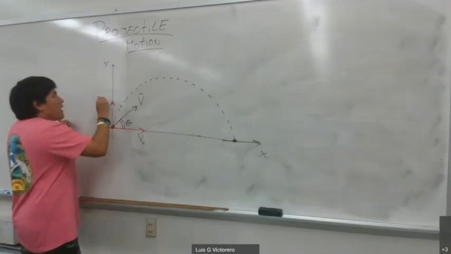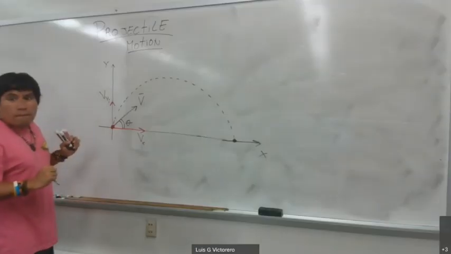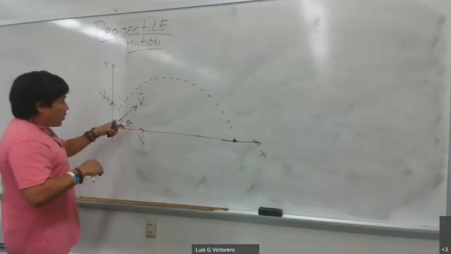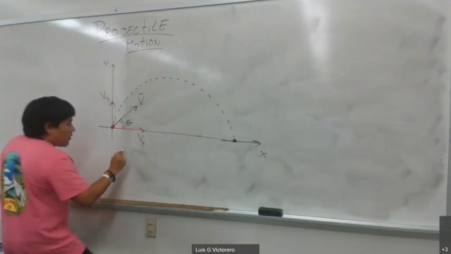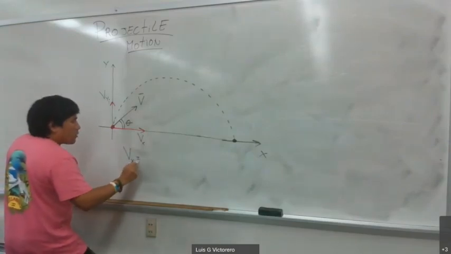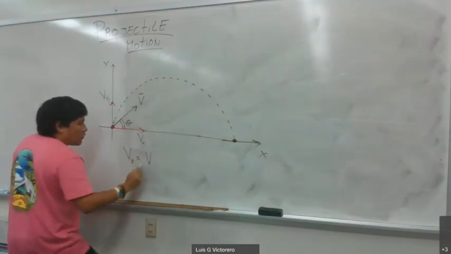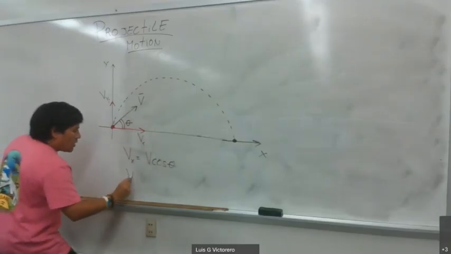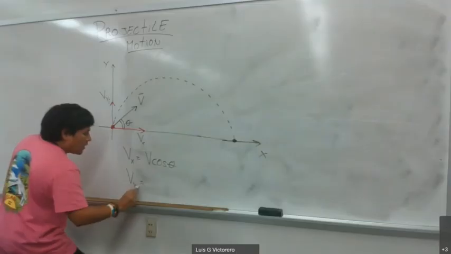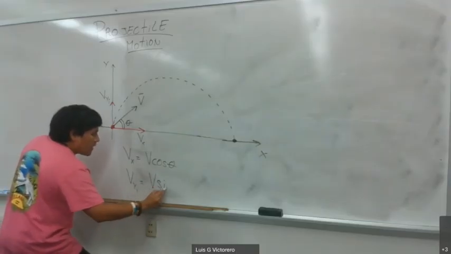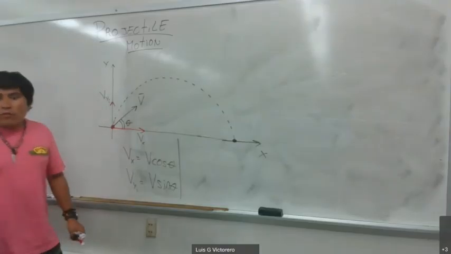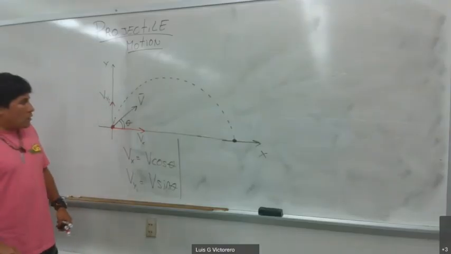Here you will say Vy initial. And from vectors, you should remember Vx is equal to the value of V times cosine theta, and Vy initial is V sine theta. That is from chapter 3, breaking vectors into components.